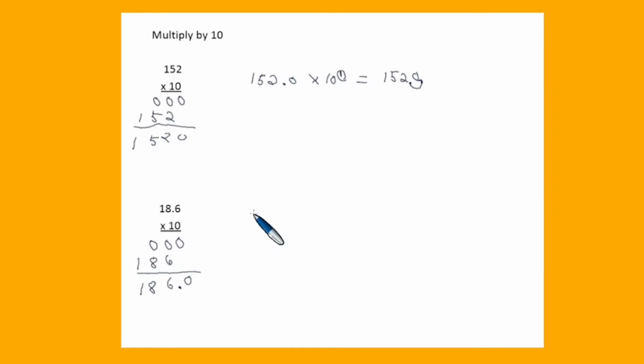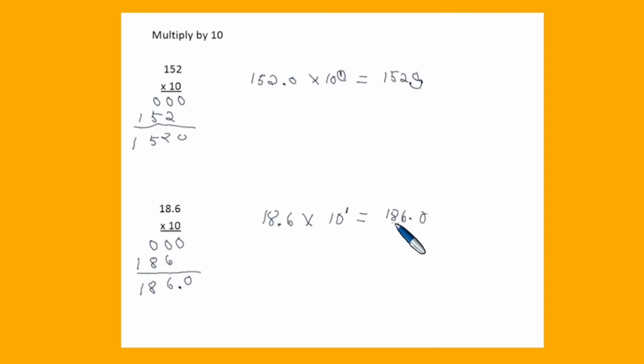So again, if I do like I did above, and if we rewrite this, we have 18.6 times 10 to the 1. That gives us 186.0.